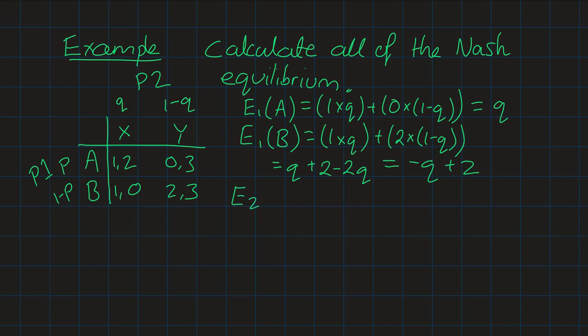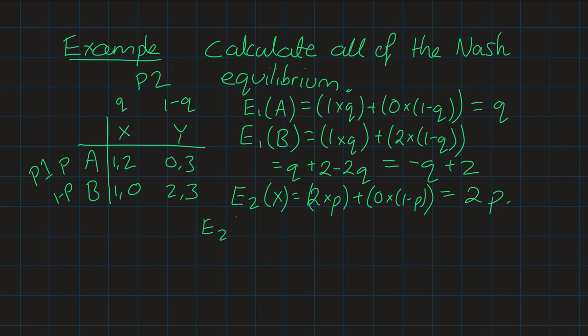Let's move on to player 2. The expected payoff for player 2 if they play X: they win 2 P of the time, 0 1 minus P of the time. So that's 2 times P plus 0 times 1 minus P, which is simply 2P.